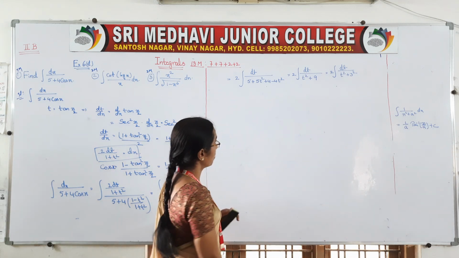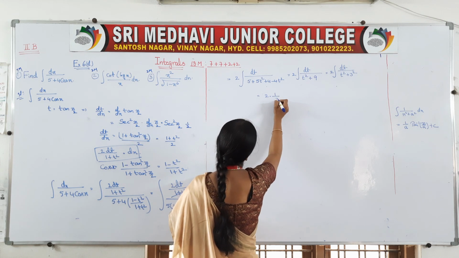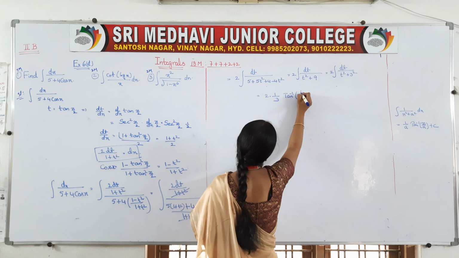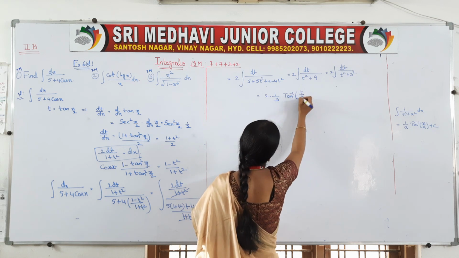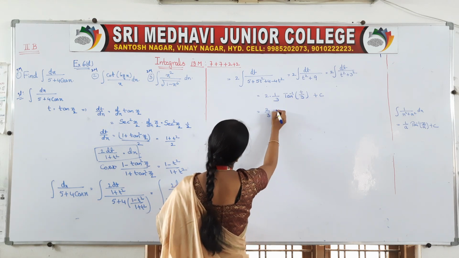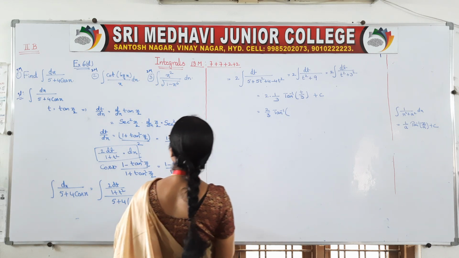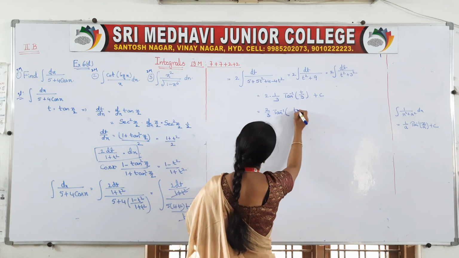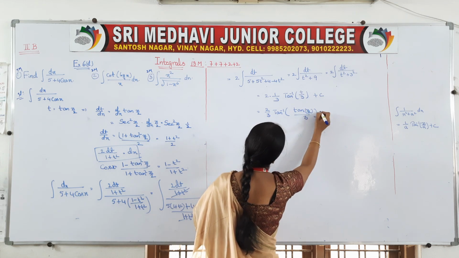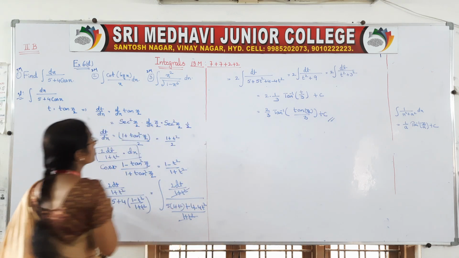So we will write 2 into 1 by a, which is 1 by 3, tan inverse of x, that is t by 3, plus c, which is equal to 2 by 3 into tan inverse t. What is t? We have taken tan x by 2, right? So tan x by 2 by 3 plus c is the answer of your question.